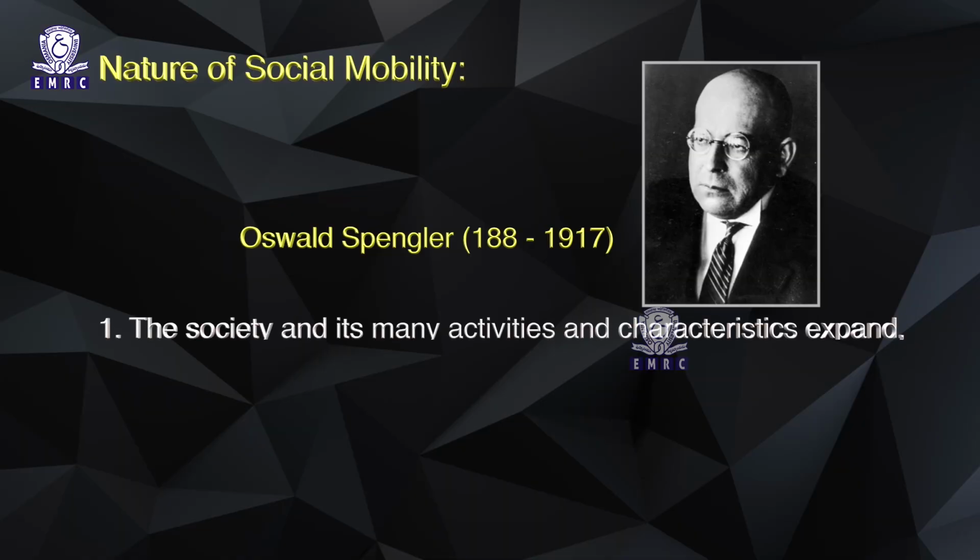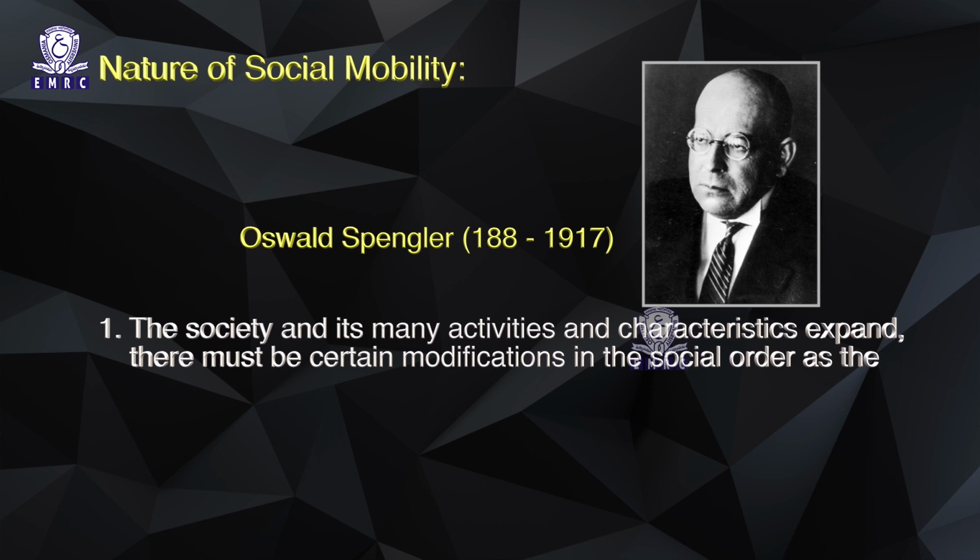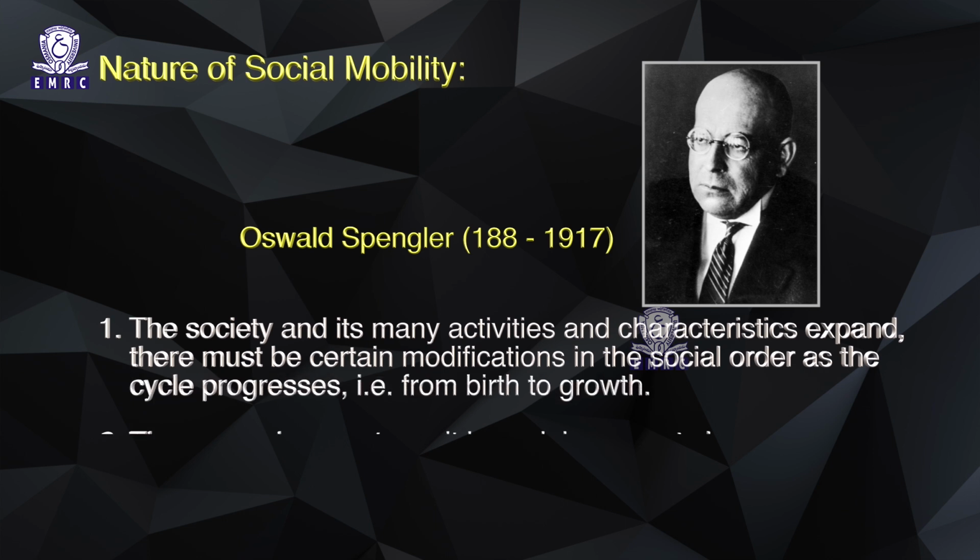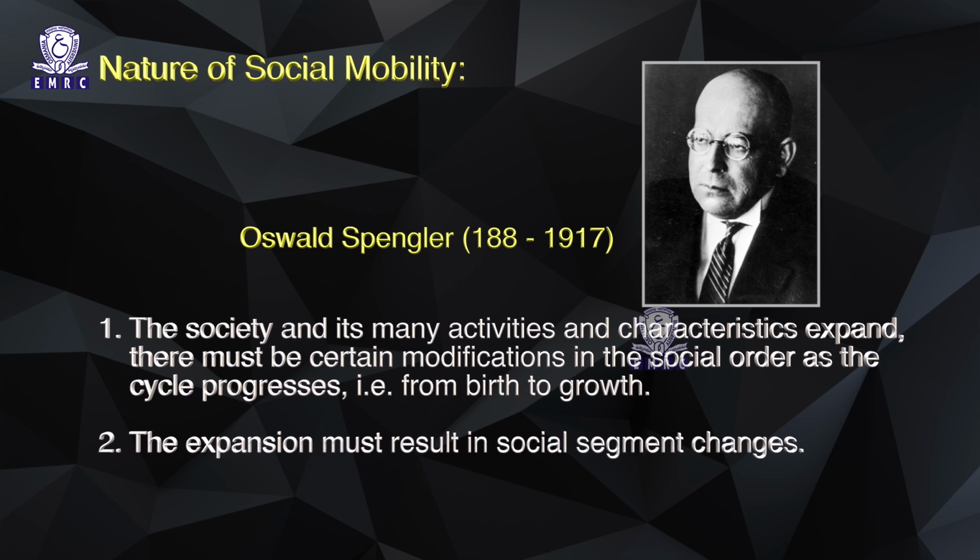First, as a society and its main activities and characteristics expand, there must be certain modification in the social order as the cycle progresses, that is from birth to growth. Second, the expansion must result in social segment changes. It is difficult to determine what type of mobility would have existed under a system of change, but it is safe to assume that throughout the period of growth, the society must have experienced upward mobility.